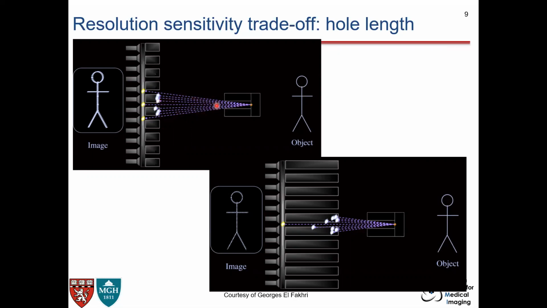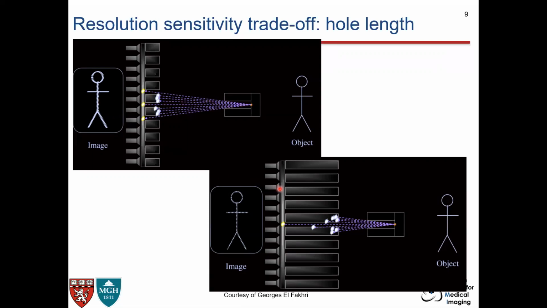But for resolution, you are collecting more gamma ray photons, and hence you can't exactly determine the directionality of the gamma rays, where exactly they are coming from. Is it from within the same object inside the human body?